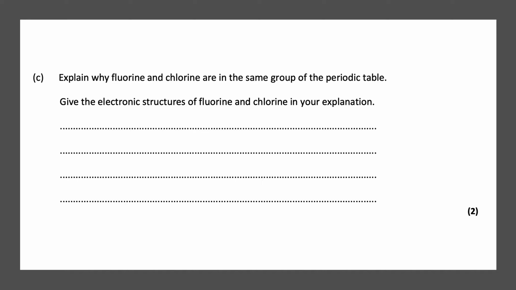Next question. Explain why fluorine and chlorine are in the same group of the periodic table. Give the electronic structures of fluorine and chlorine in your explanation. So fluorine and chlorine are in group 7 of the periodic table.